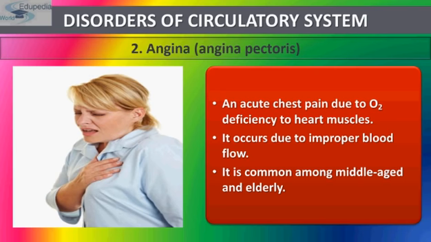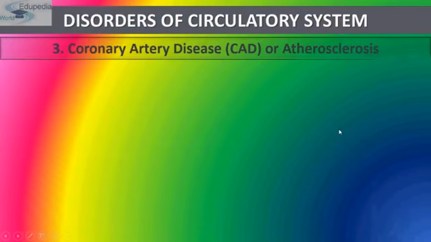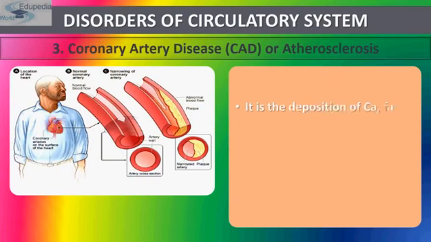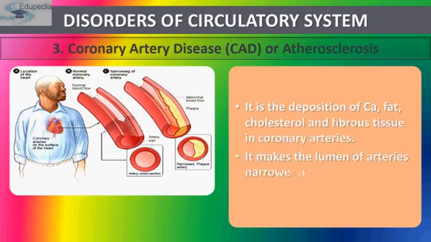Okay, now comes CAD. What is CAD? CAD is coronary heart disease or atherosclerosis. Okay, coronary artery disease, also called atherosclerotic heart disease, refers to a condition such as atherosclerosis that causes narrowing of coronary arteries that results in reduced blood flow to the heart.